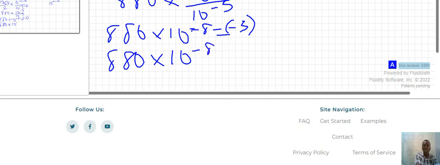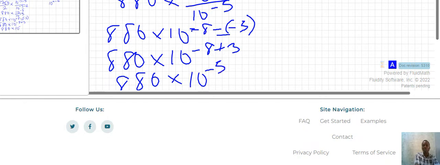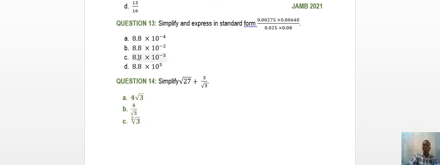So we'll have minus 8 plus 3. So this will give us 880 times 10 raised to power minus 8 plus 3 will give us minus 5, because we have negative 8 with positive 3. So that will give us minus 5. So if you check the options, you cannot find this because we have not broken it down.